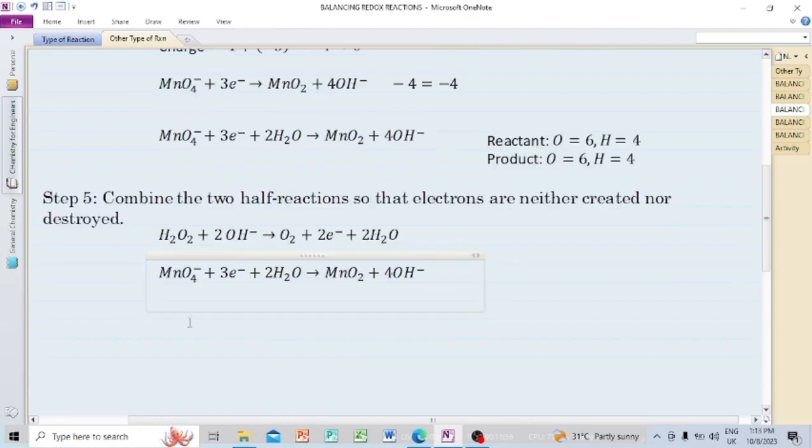Okay, so just equalize the electron transfer.